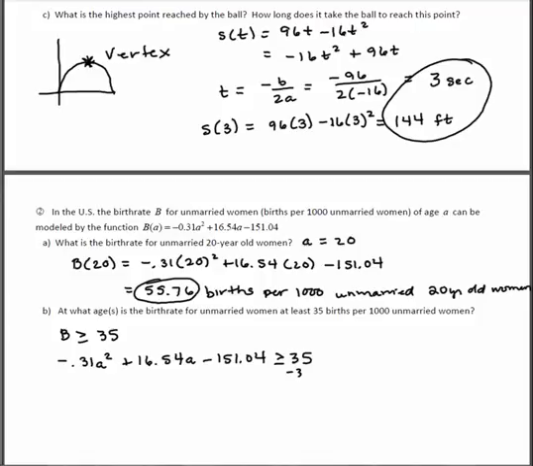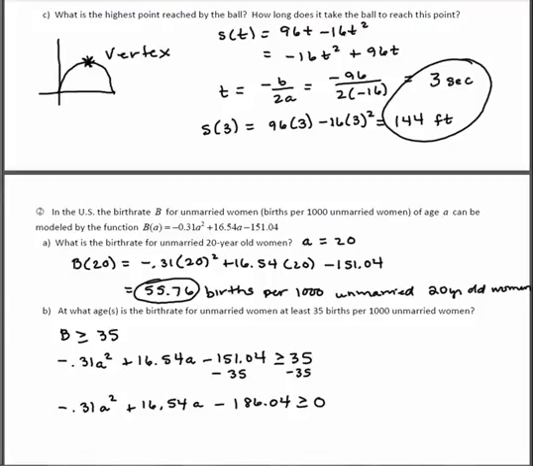So I'm going to subtract off the 35 to get the 0 on the right-hand side. Like that. Okay. We'll solve the last one of these by hand, by finding the related equation and testing on a number line.